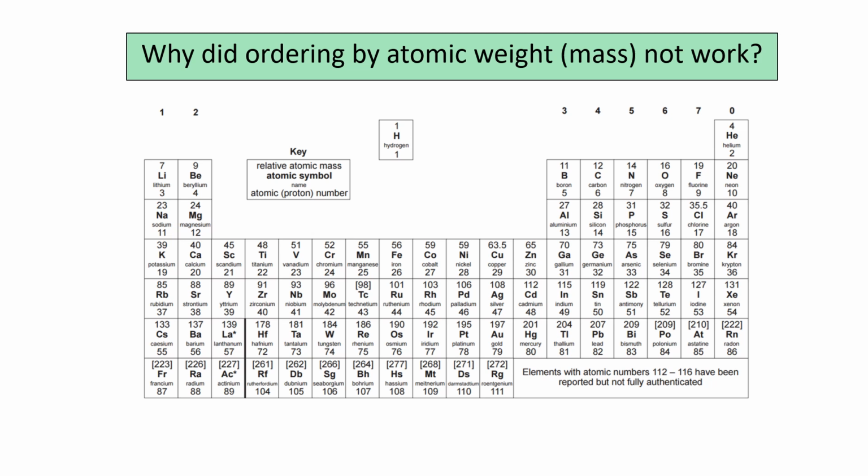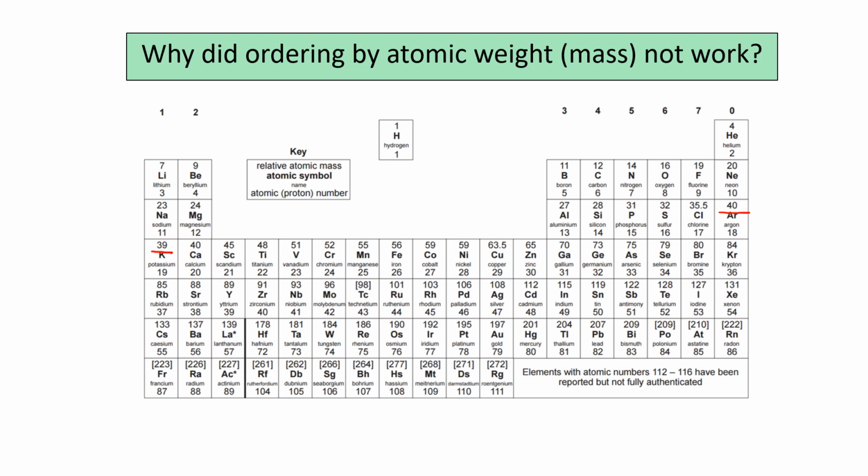So why did ordering by atomic weight or mass not work? Well, again, let's go back to the example of argon and potassium. If we swapped potassium and argon round, based on their order of atomic mass, we would find that potassium would end up in a group with helium, neon, krypton, and xenon.